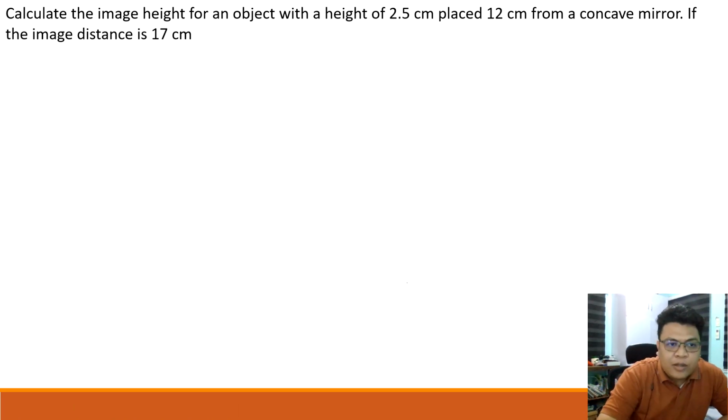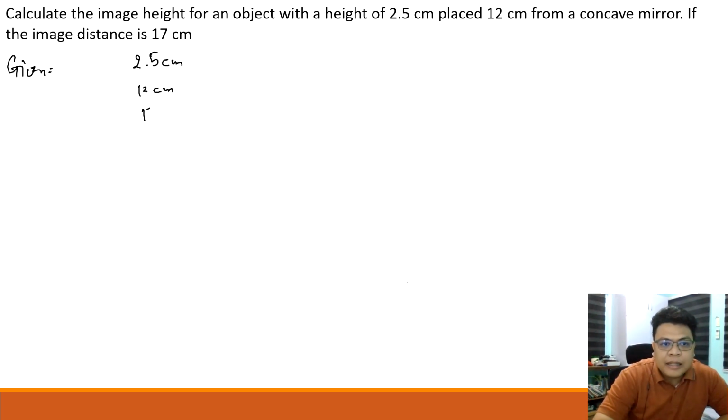So here, let's always start with the given. So based on our problem, we have three values. We have 2.5 centimeters, 12 centimeters, and 17 centimeters. As you can read in the word problem, 2.5 pertains to the height of the object.